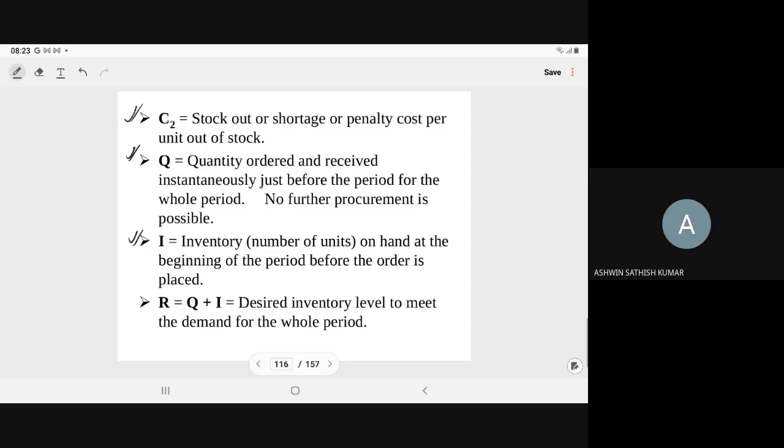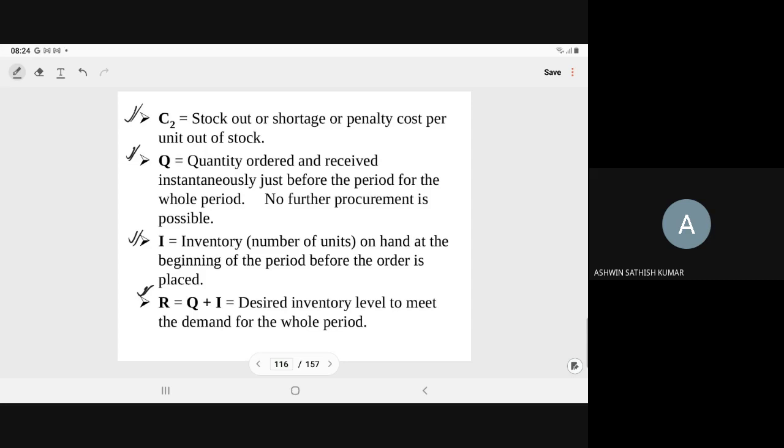After you have assumed that this much can be the demand, this much can be the requirement, and this much we have in our inventory, whatever the difference is, that much only you will order. So that is the Q. I is the leftover of the previous period. So here the desired inventory will be R. R is the desired inventory level, which we have judged to be what we can sell during the current period.